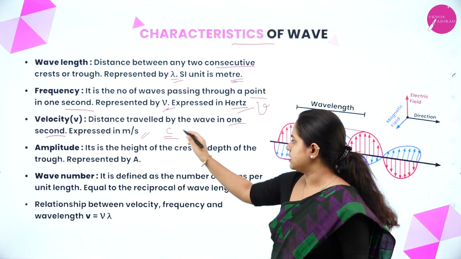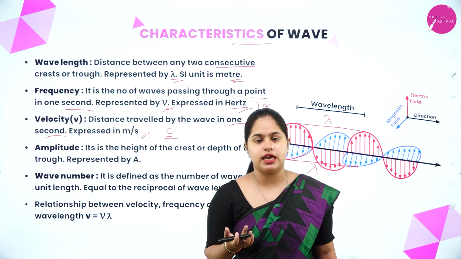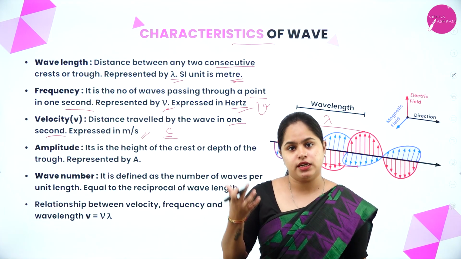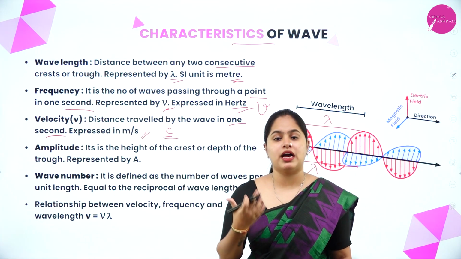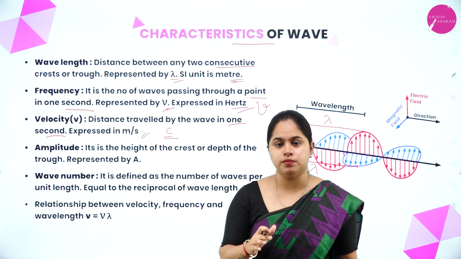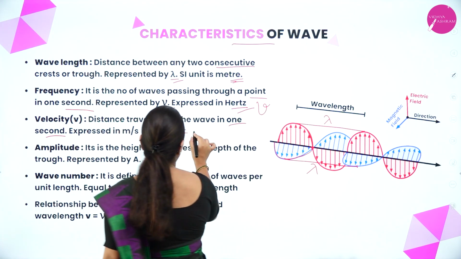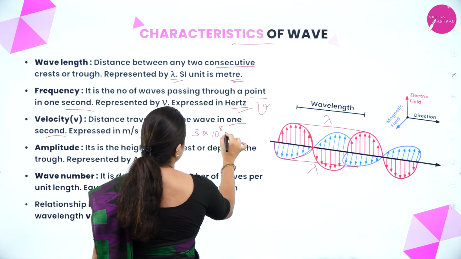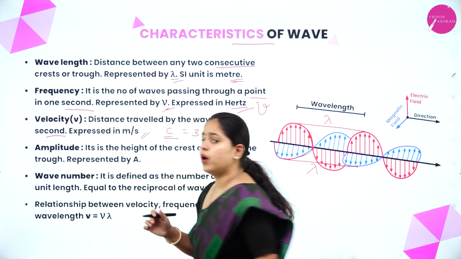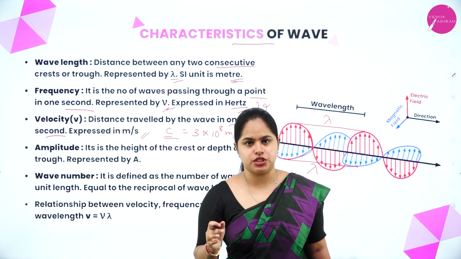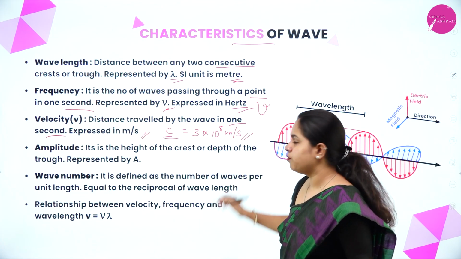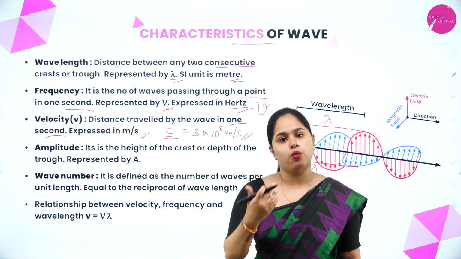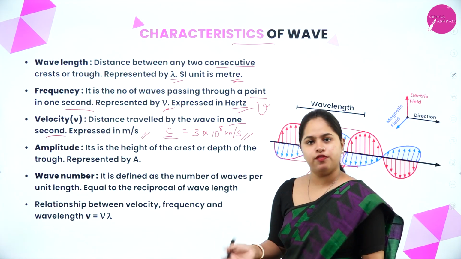The value of the velocity of electromagnetic waves in vacuum will be 3 into 10 to the power 8 meter per second. All electromagnetic radiations show this value when they are propagating in vacuum. Clear? So that is about velocity.